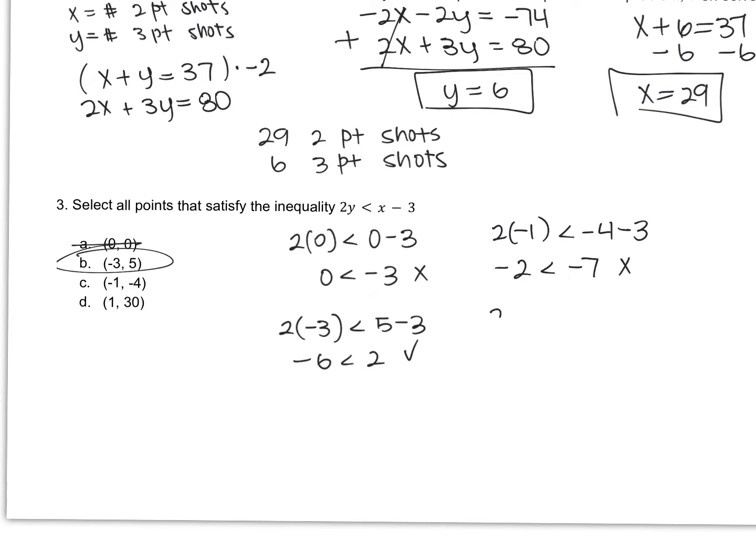And then our last point, 1, 30. So 2 times 1 is less than 30 minus 3. So I get 2 is less than 27, which is true. So no matter which method you choose, both should give you the fact that -3, 5, and 1, 30 are the only points in the shaded region.